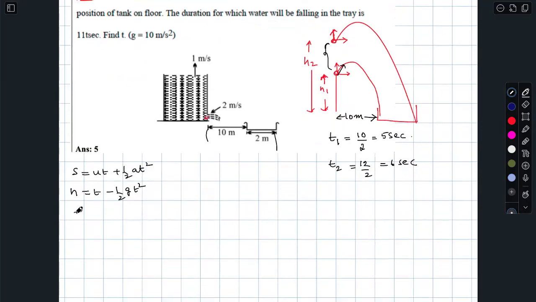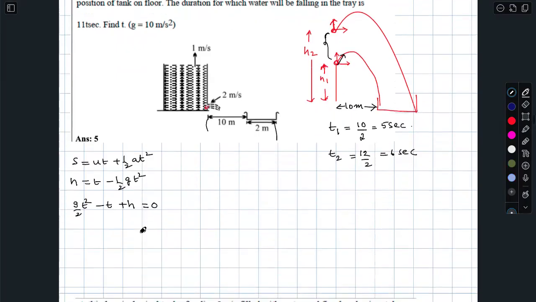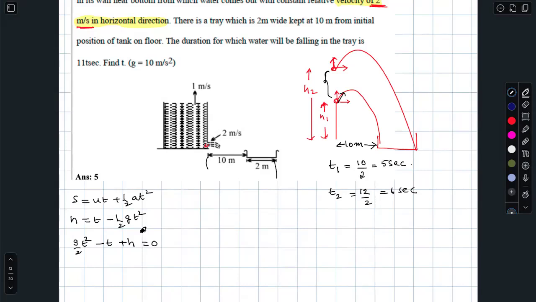So this gives you g by 2 t square minus t plus h is equal to 0. So you will have 2 roots.